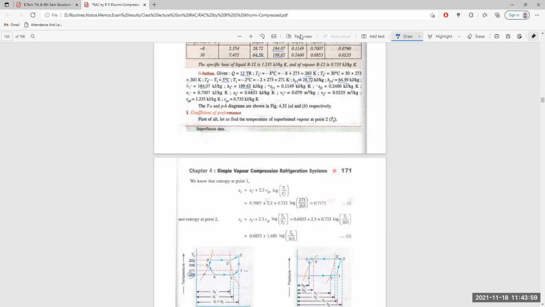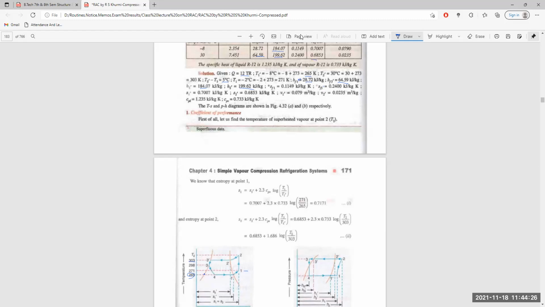S3 is the entropy at the fluid state at point 3, and S1 dash is the entropy at vapor state at point 1, equal to 0.7070. And S2 dash is the entropy of the refrigerant at vapor state at point 2 dash, given as 0.6853.